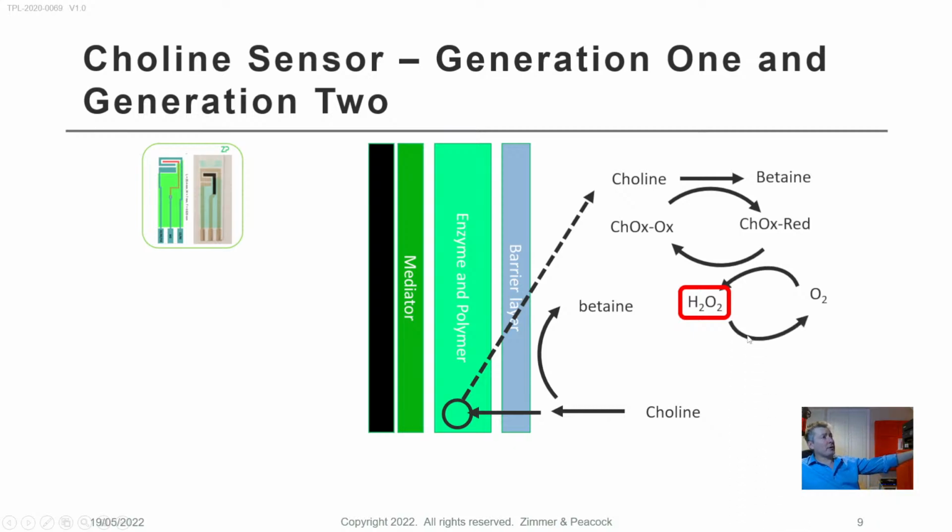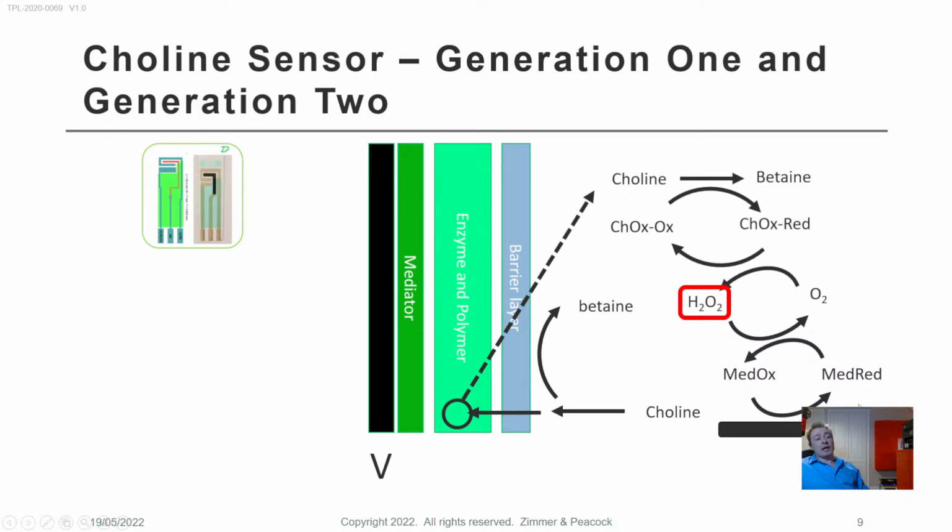The person inquiring earlier about their creatinine sensor also needs to watch this. See the way that hydroperoxide is produced, and then we can detect hydroperoxide using a mediator. I've shown the mediator here in its reduced form. It gets oxidized and then it gets recycled by the electrode.